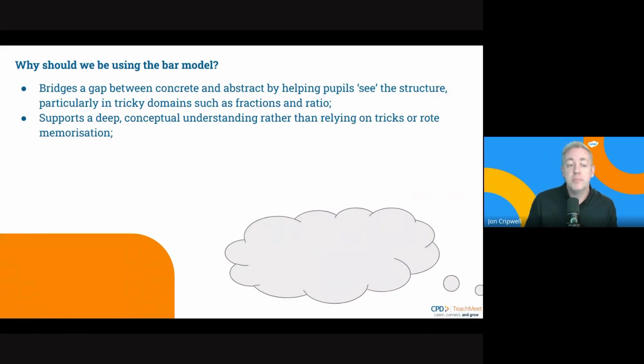Bar models also support a deep conceptual understanding rather than relying on tricks or rote memorization. Certainly when I was at school in the 1980s, my teachers relied quite heavily on rote memorization, which was a bit of a problem for me because I was rubbish at memorizing things that I wasn't deeply interested in, and I wasn't deeply interested in maths at the time, certainly not as I am now.